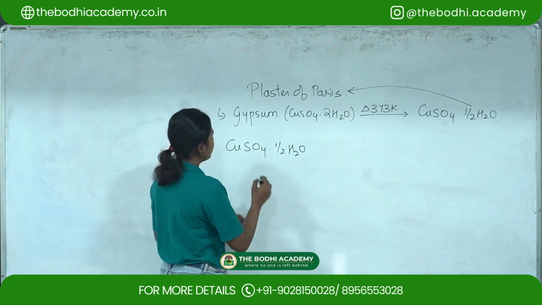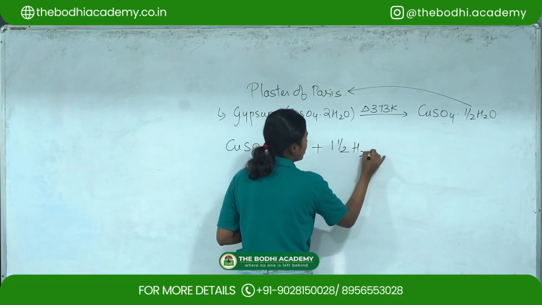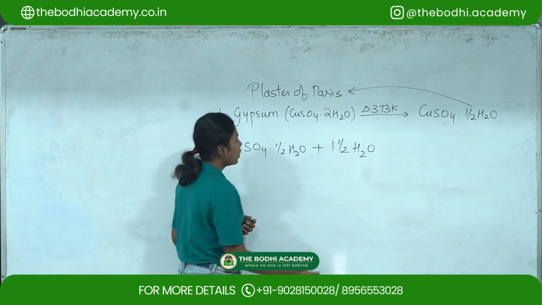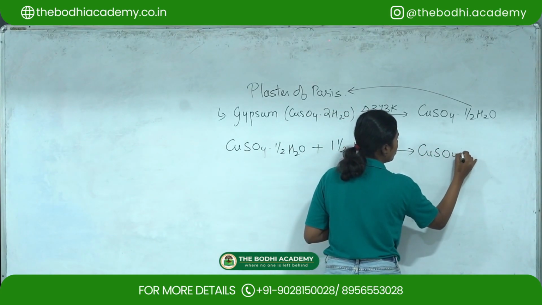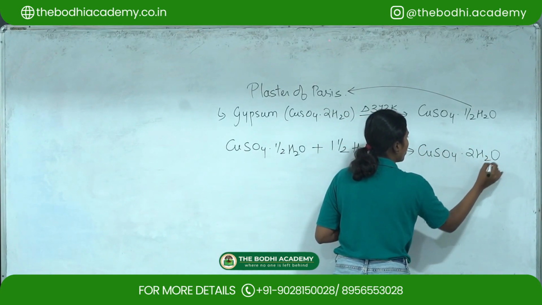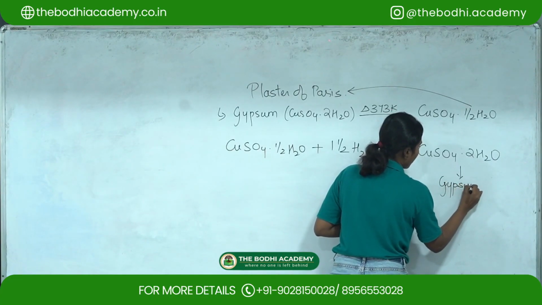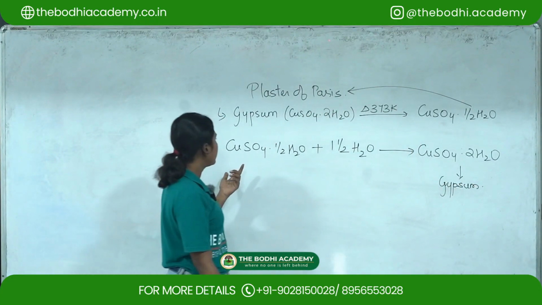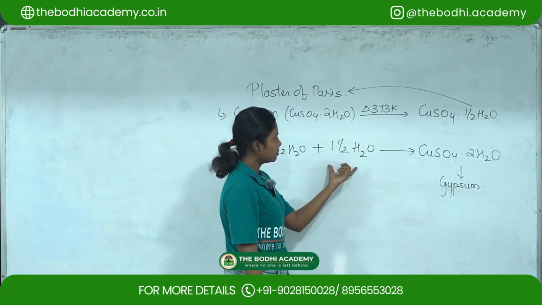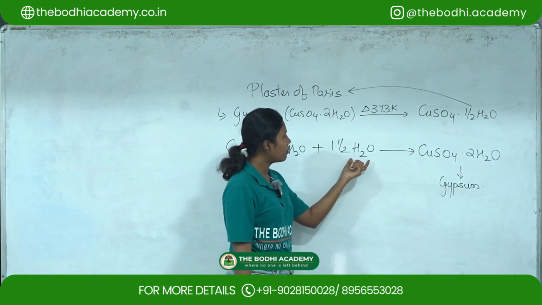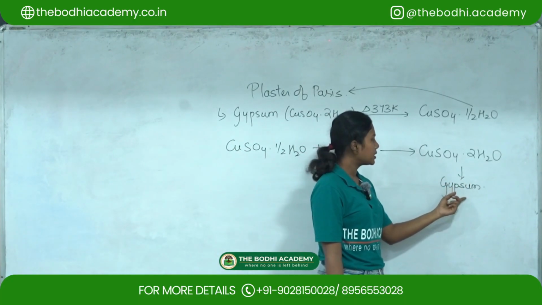So we take this and add 1.5 molecules of H2O, and it gives us CuSO4.2H2O, and this is nothing but gypsum.